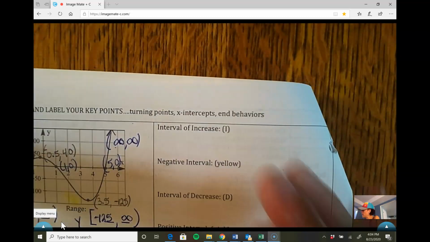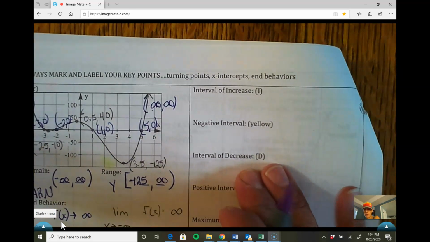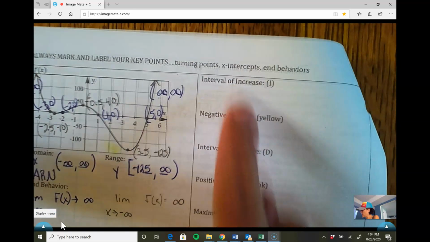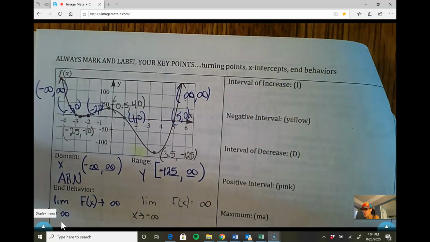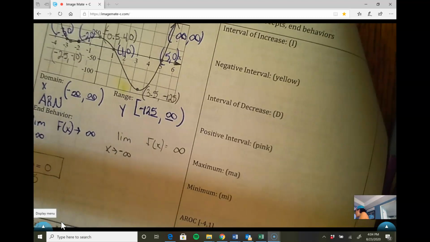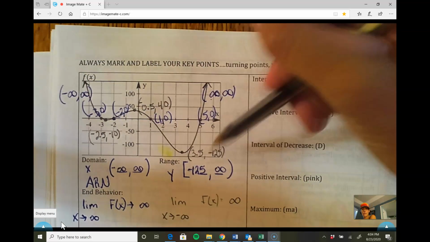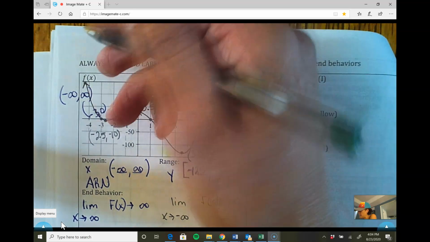Let's go for our increase. And then even though it's not next, let's go for our decrease. So I'm going to highlight some of these. So I know that increase I'll put with an I and decrease I'll put with a D. Right now, left to right, even though there's this arrow, this is a decrease.